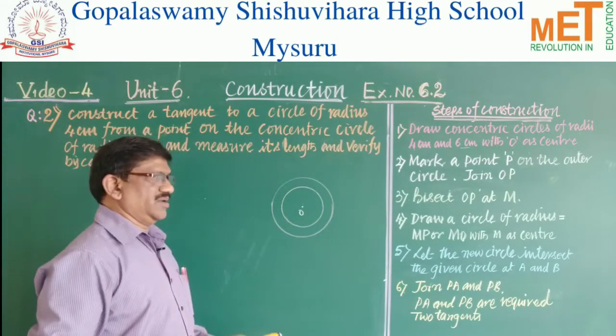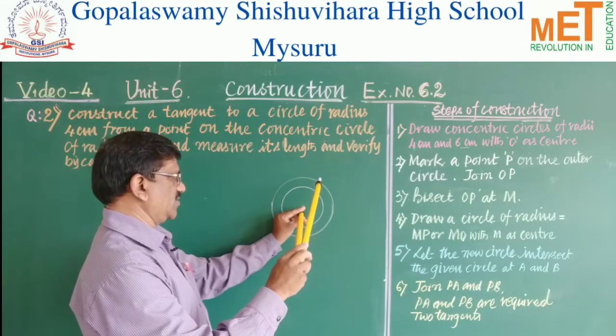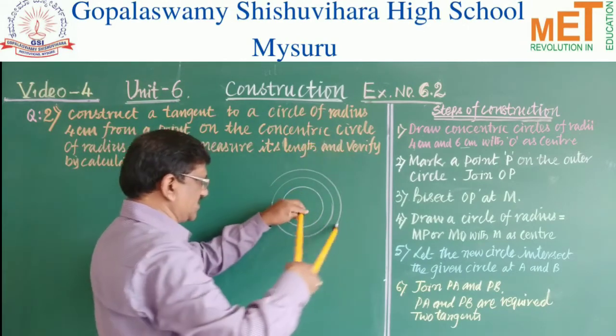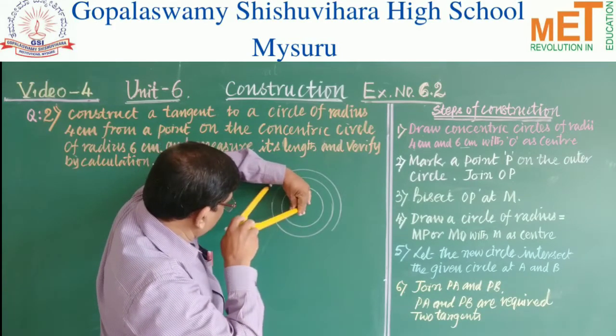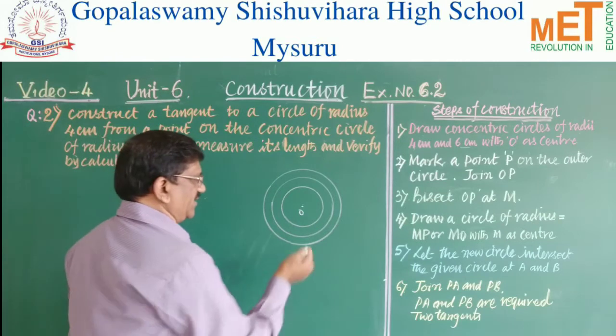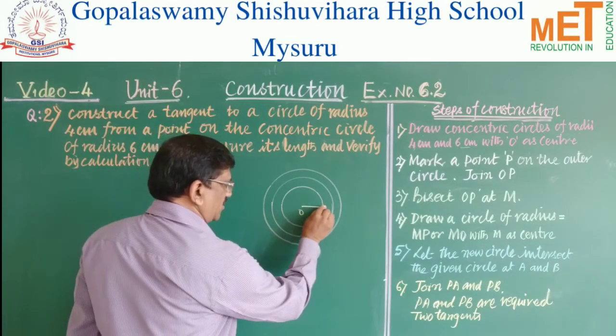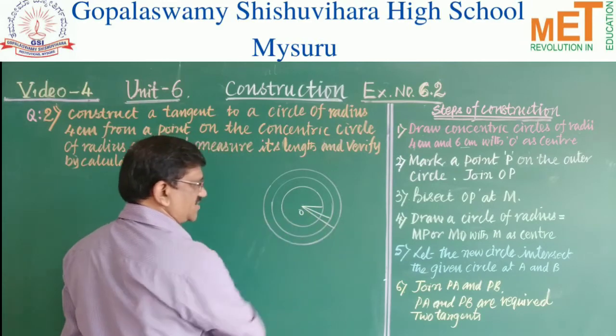Like that you can draw any number of circles. For all these circles, the center remains the same, whereas the radii are different. You see, children, here the center is the same.